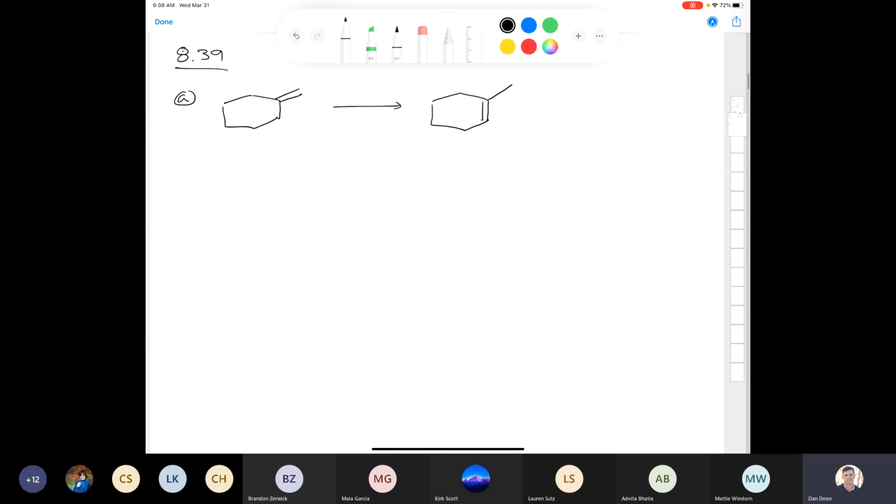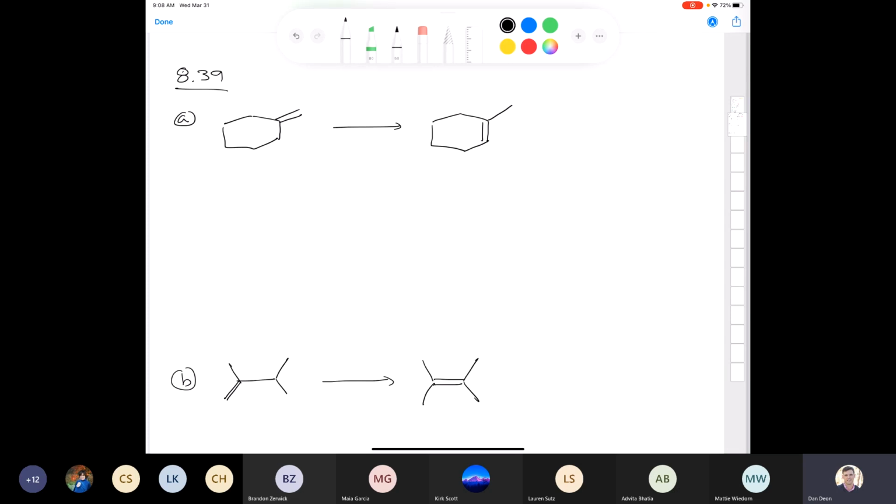And if you're way ahead of me, if you're thinking, Mr. Dion, you're going too slow, you could try this one, where we have this alkene, and we want to make this alkene. Okay, for A, does anybody have an idea about what we could do for A?